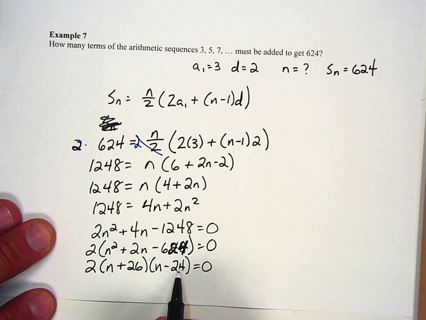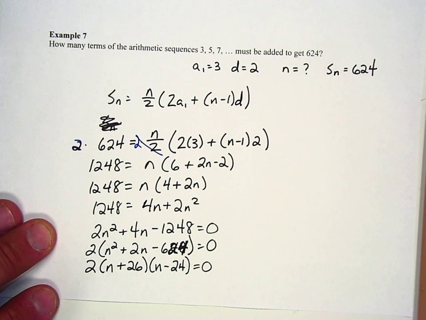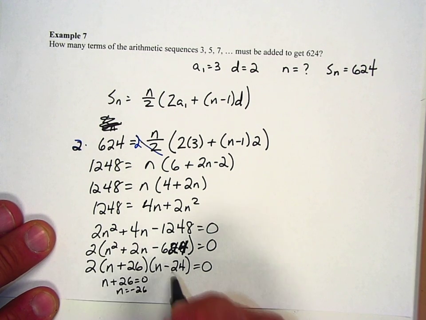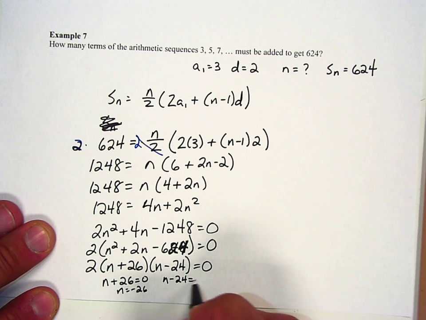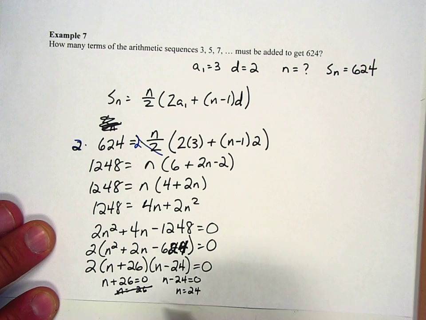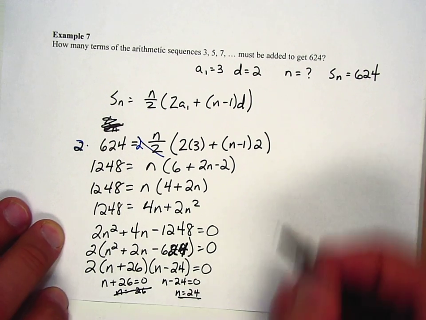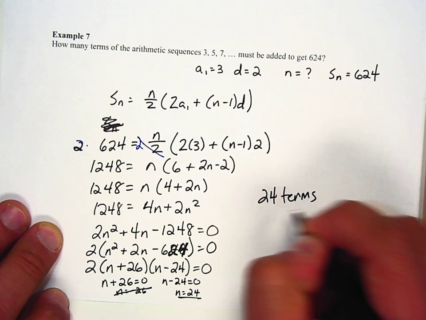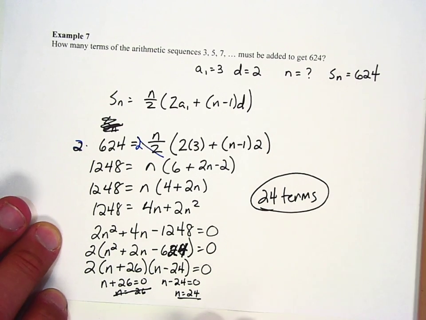Because 26 times negative 24 is negative 624. 26 plus negative 24 is 2. So that gives me n plus 26 equals 0, so n equals negative 26. N minus 24 equals 0, so n equals 24. Can I have a negative number of terms? No. And so in this case, it's 24 terms that need to be added up to give us 624.